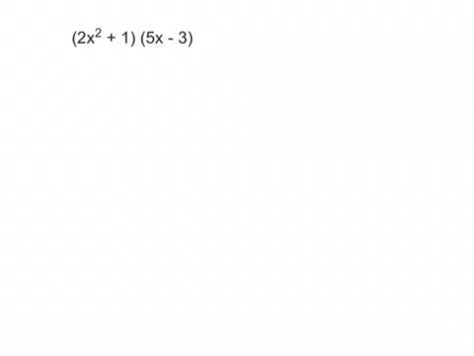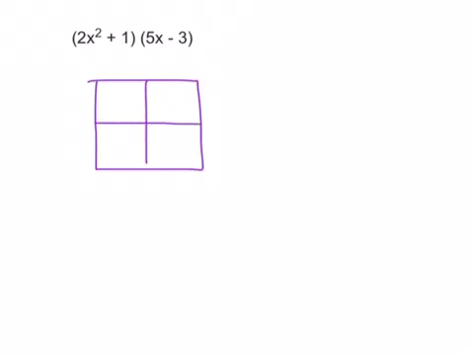Okay, so again, it's a binomial, 2 terms here times 2 terms here, so I would need a square array that goes with both directions. So 2 terms, 2x squared and positive 1, 5x, and negative 3. All right, so let's do some multiplying here.